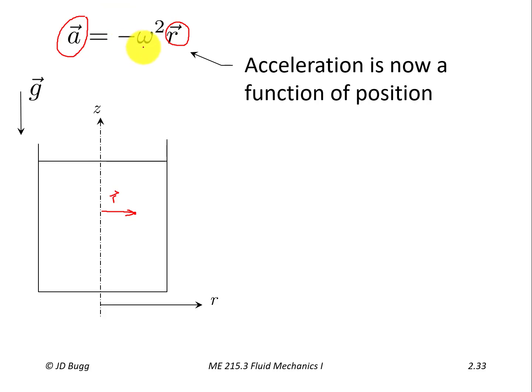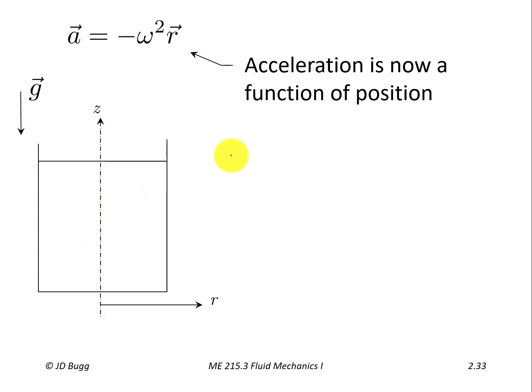And the magnitude of that acceleration is omega squared R. And so omega is the angular speed of this. So that would be in radians per second, the rotation rate. So notice that the key thing here is that the acceleration, this acceleration that the fluid is undergoing, is different at different places in this fluid because they're different distances away from the axis of rotation.